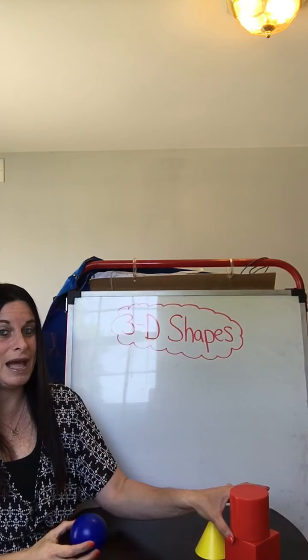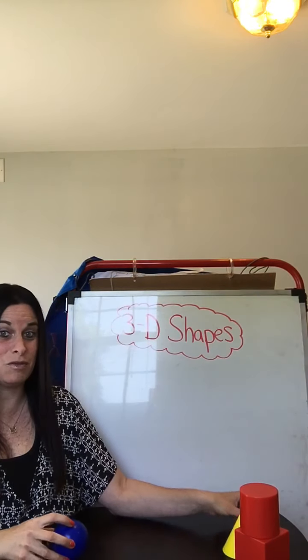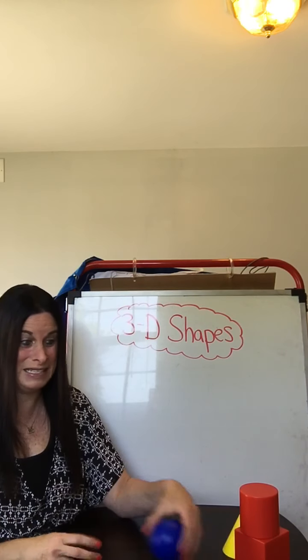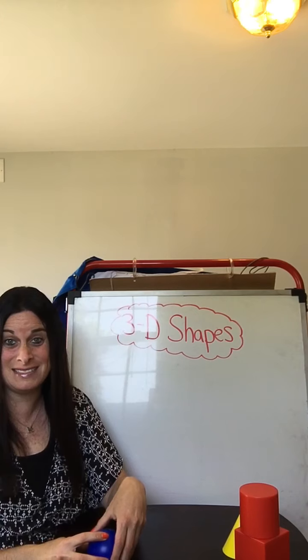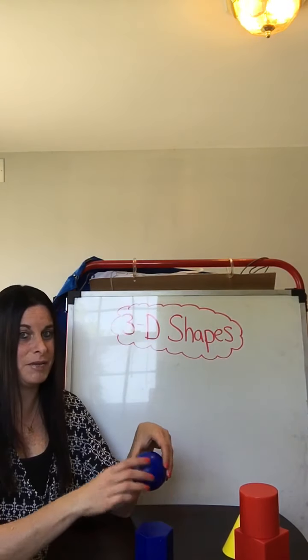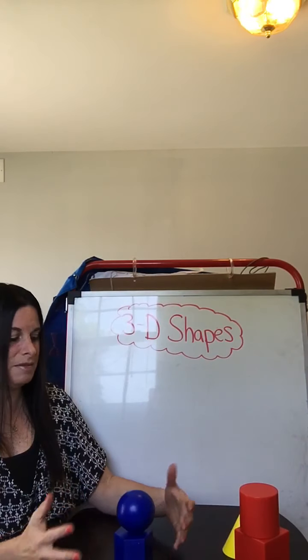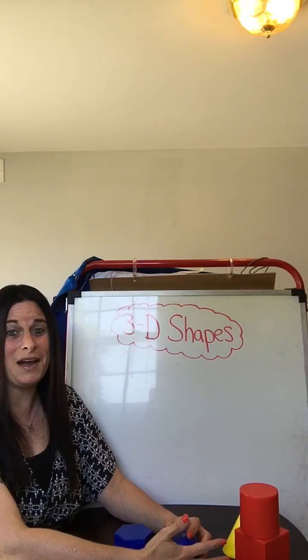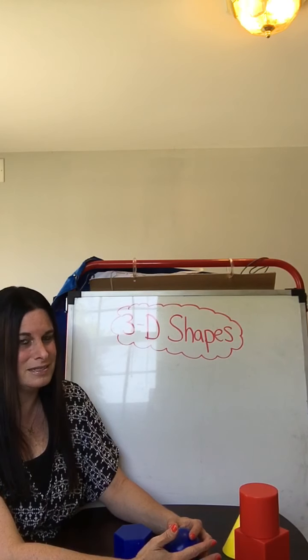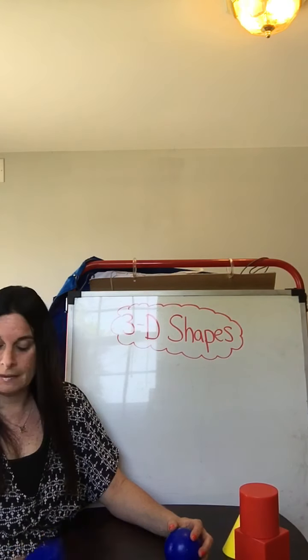Well, can it roll? Yes. Can I stack it on things? Let's see if I had the shape right here. Could I put it on this shape? No, it will fall right off. I cannot stack it.